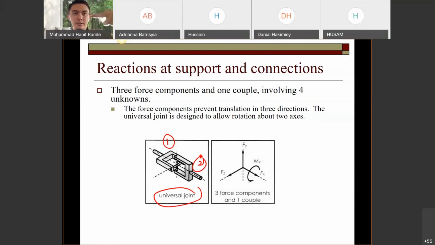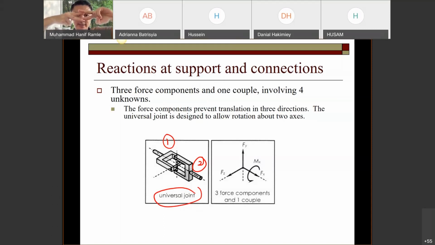This hand, if you can see on the screen, the right side is number two. Number one is the left side. If I fix number one forever like this, number two is attached to number one like this.